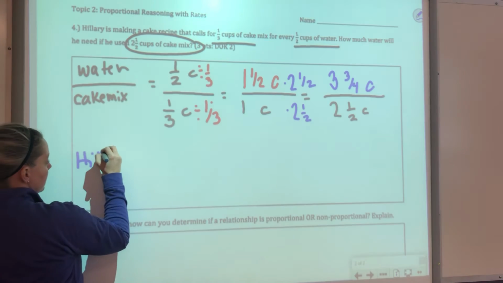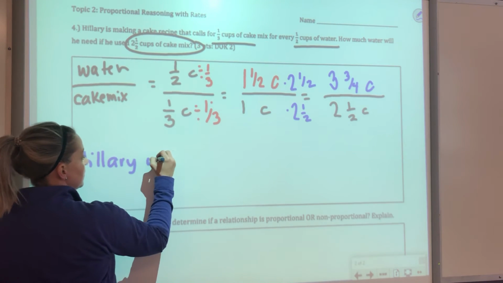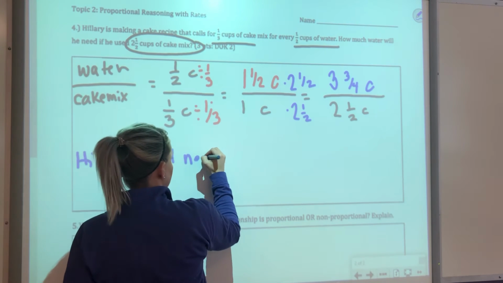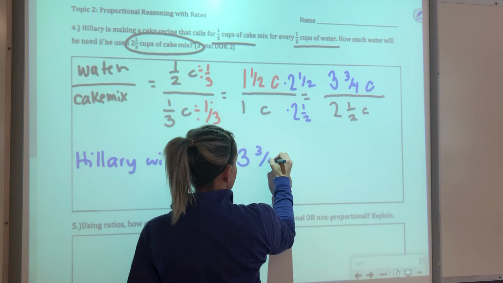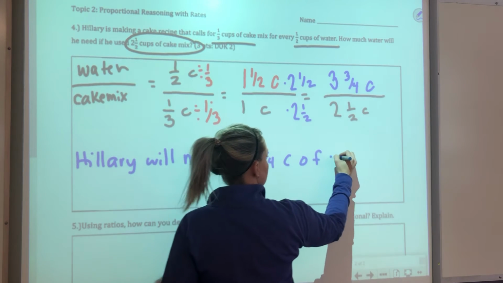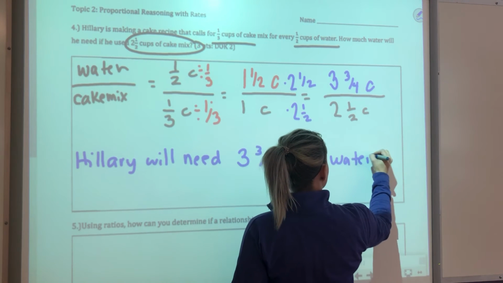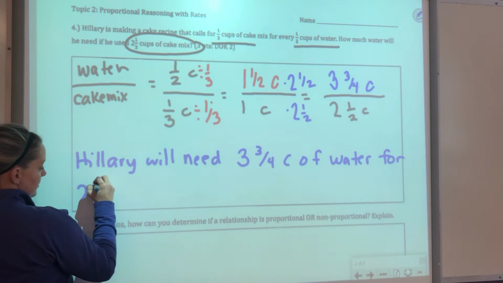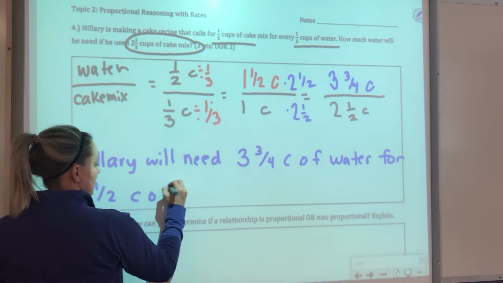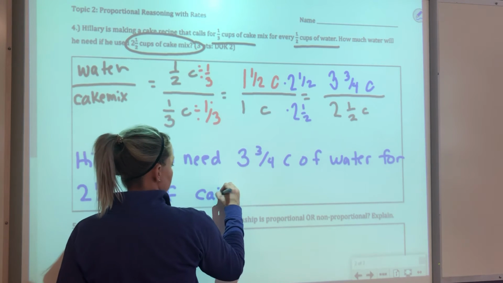So Hillary will need 3 3/4 cups of water for 2.5 cups of cake mix.